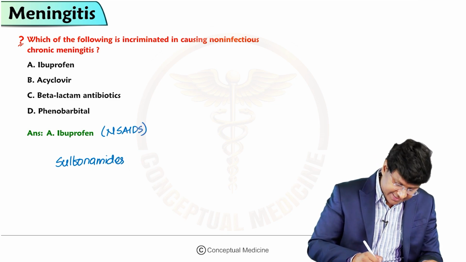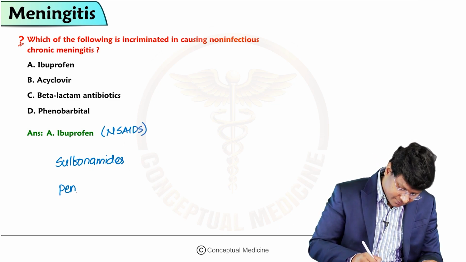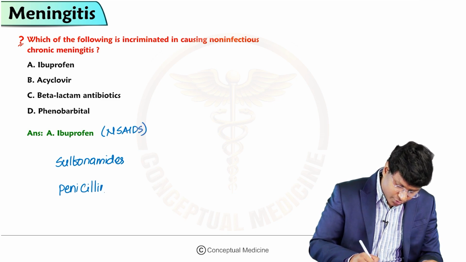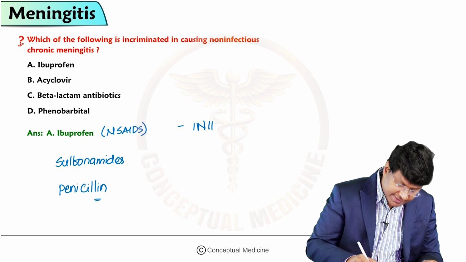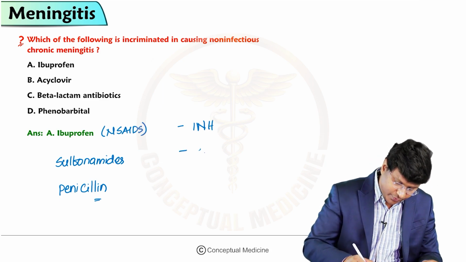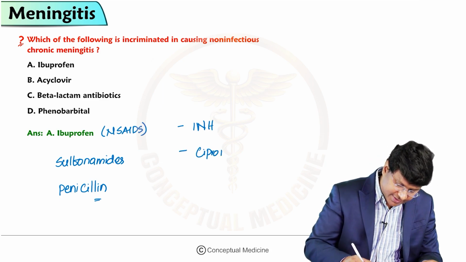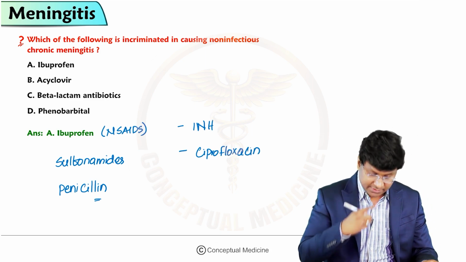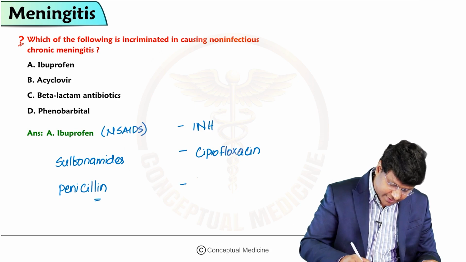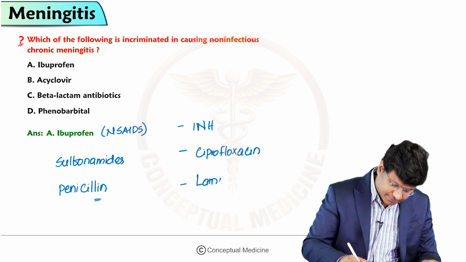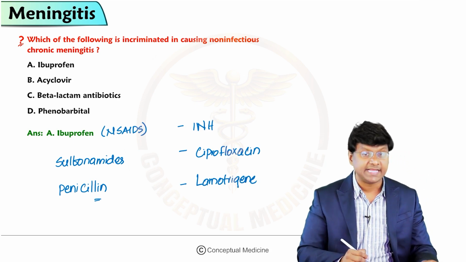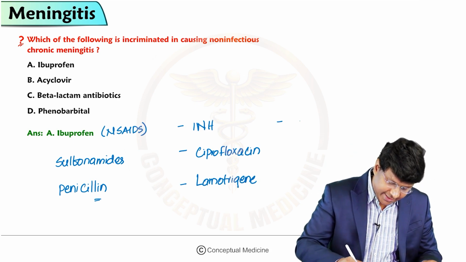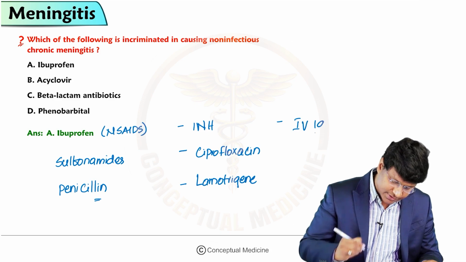Then we have penicillin, then beta-lactam group of antibiotics, and the first-line anti-tubercular drug, that is isoniazid, then the quinolone group of antibiotic, that is ciprofloxacin. Then we have an anti-epileptic drug, that is lamotrigine, and then intravenous immunoglobulins.